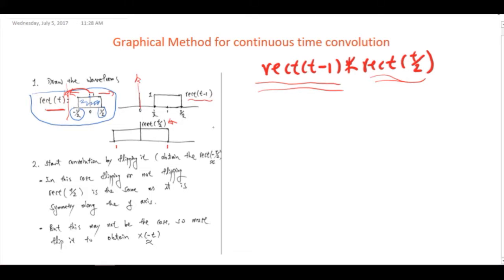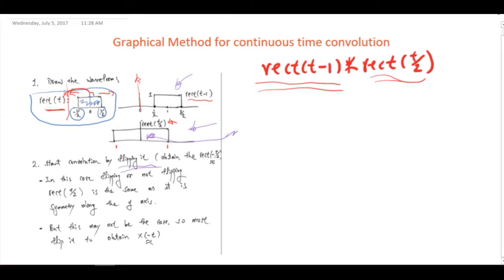The second step is trying to flip it. We flip either this one or this one along the y-axis. But in this case, I would like to choose flipping this one along the y-axis. Why do I like to choose flipping that one?